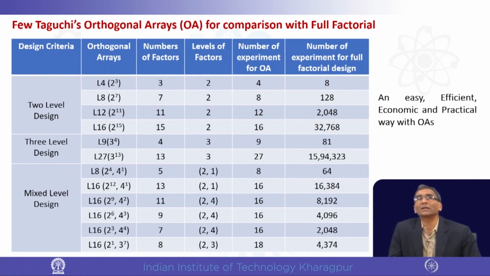Normally if we carry out the experiment, 8 would be required, as in the right hand side column. But Taguchi has proposed an array where with 4 treatment conditions, a similar result will be available with enough confidence and satisfaction.